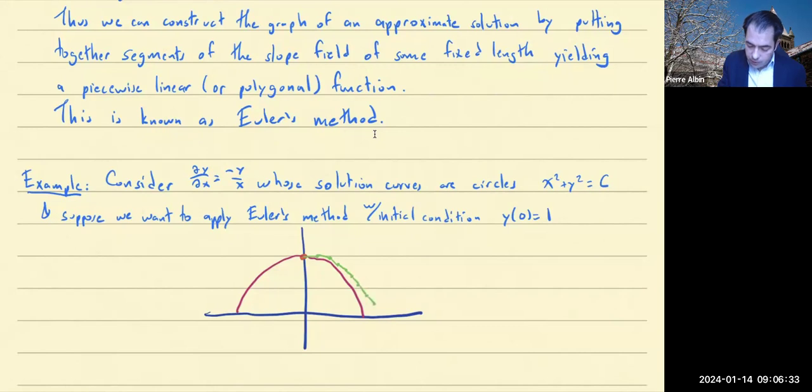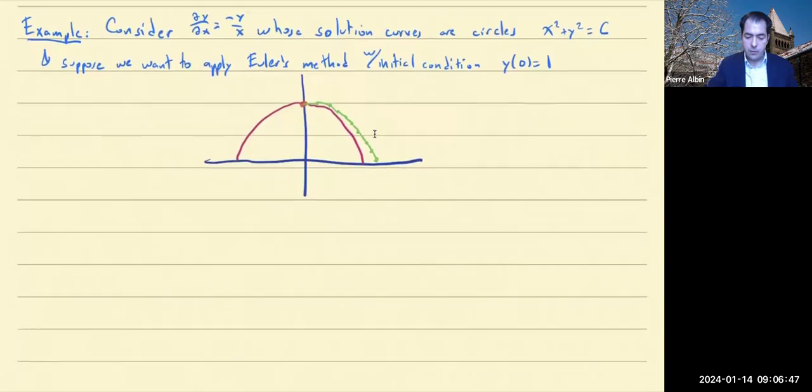As we get further and further away, our approximate solution gets further and further away from the actual solution, and we end up with something sort of like that. So modulo my drawing ability, that's what this method looks like in practice.